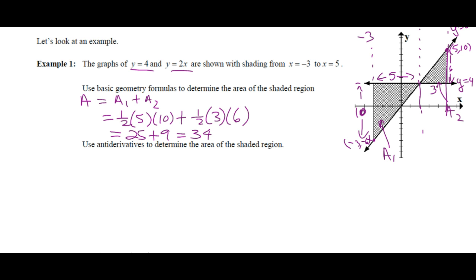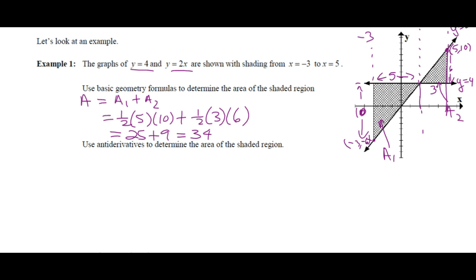So the upper function here is 2x and the lower function is 4. So we would do 2x minus 4, we would find its antiderivative, and we would evaluate it from, where is this, 5 to 2, right? And then we would take 4 minus 2x, find its antiderivative, and evaluate it from 1 to -3.